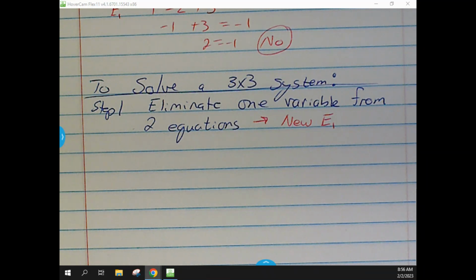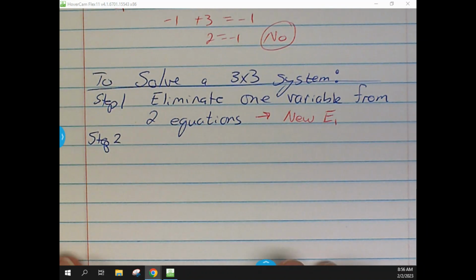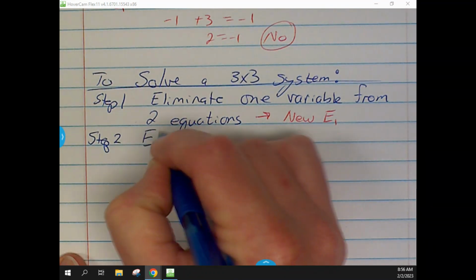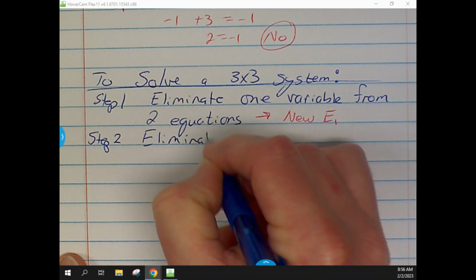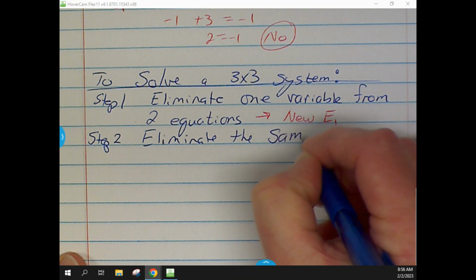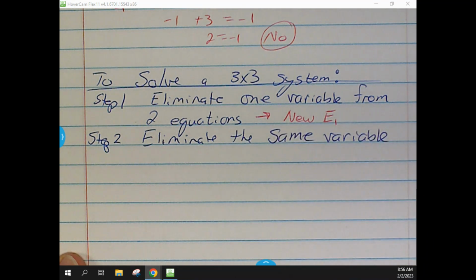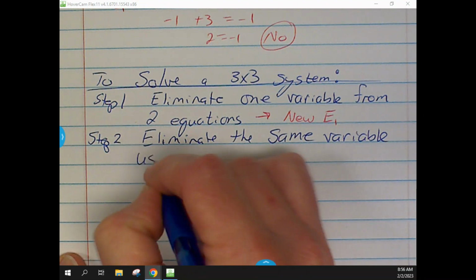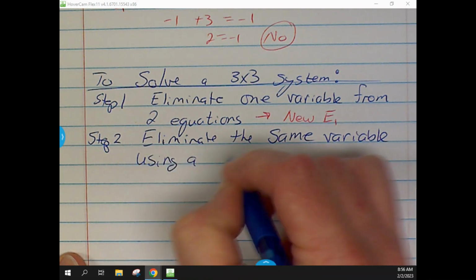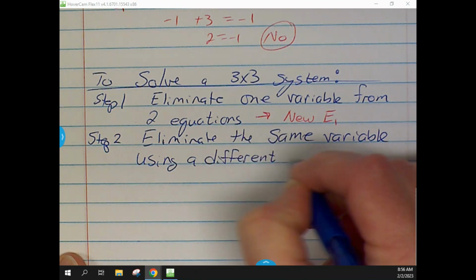Okay. And then the second thing that we're going to do after that, and this is the part sometimes that people forget and do wrong, throws things off, you're going to eliminate the same variable using a different pair of equations.